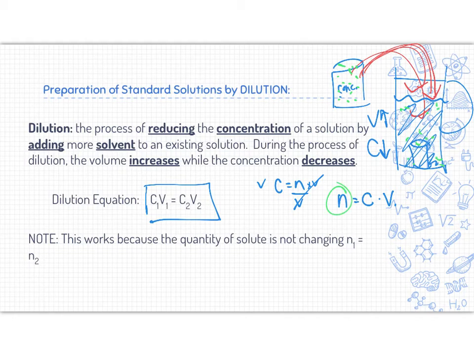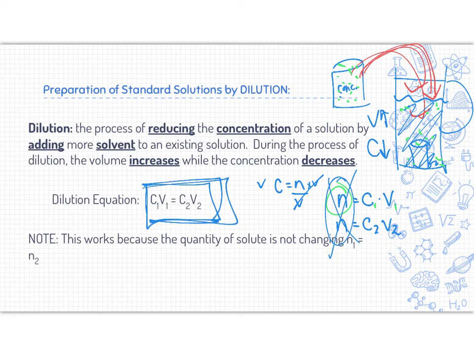So N hasn't changed, but my concentration and volume have. So that's where the C1V1 is equal to the same number of moles, but a new concentration and a new volume. So we've combined these two, taken out the middleman of N, and gotten our formula here.